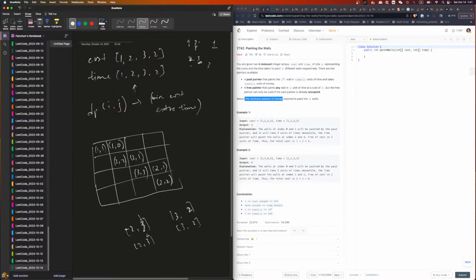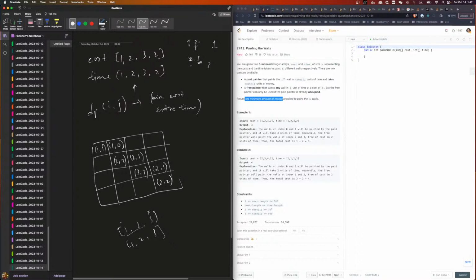Next is 1, 2, 3. So how do we handle 1, 2, 3? Well, now we have 1, 2, 3 and 1, 2, 3. Again, I can say if I don't take 3, then what I want to find out is 1, 2, minimum. 1, 2 doesn't have extra.